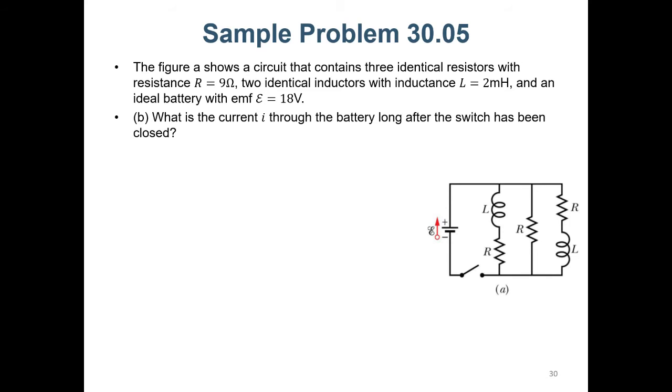So what is the current through the battery after the switch has been closed for a long time? A long time means this one is a short circuit, this one is a short circuit, which means that we have three resistances parallel with each other. R parallel R is nothing but R over 3.